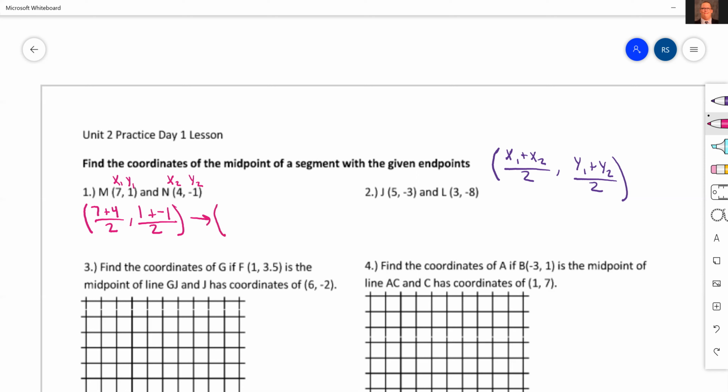Seven plus 4 is 11. 1 plus negative 1 is 0. So I can't reduce 11 over 2. I'll just leave it like that. But 0 divided by 2 gives me 0. So there's my answer.